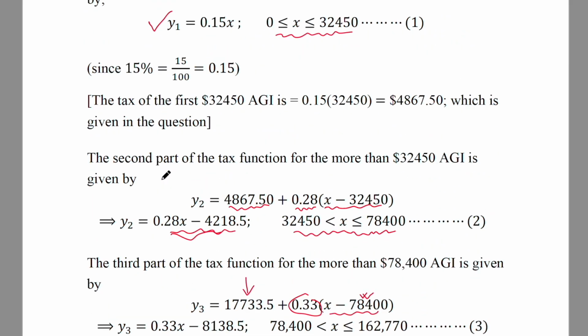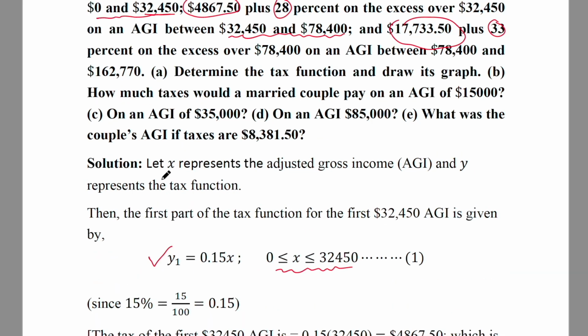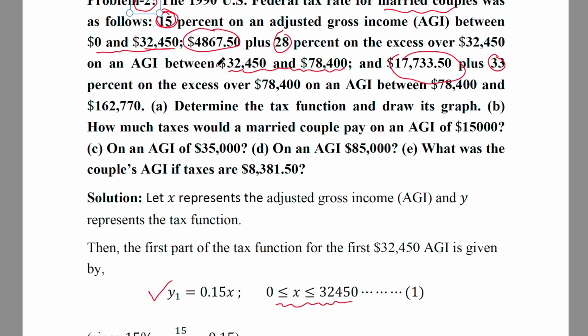Now you can solve the remaining part by putting the figure in the tax function. For example, B, what amount will be the tax for this income 15,000?